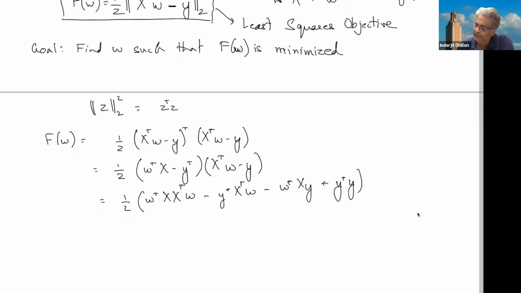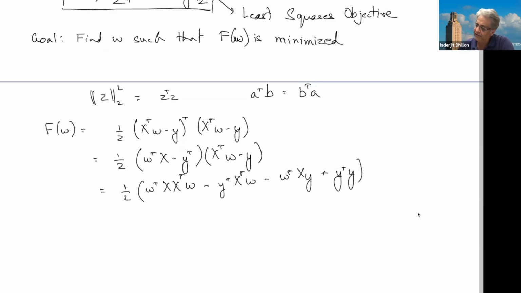Another fact is that if I take A transpose B, where A and B are two different vectors, that's exactly the same as B transpose A. So these two middle terms are essentially transposes of each other.